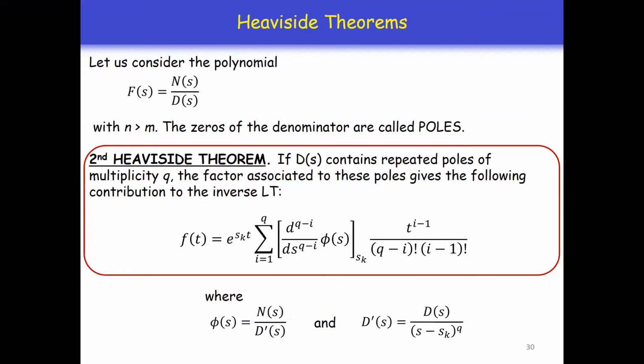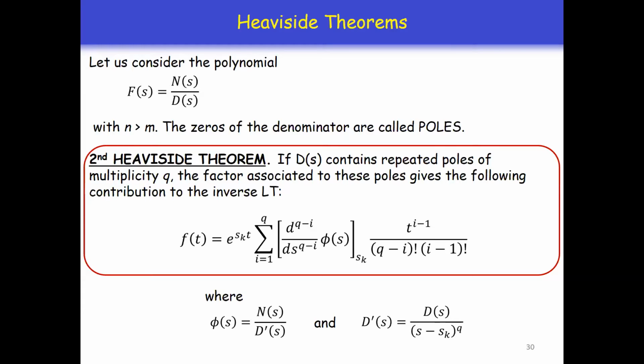So let's consider you have a polynomial that is expressed again as the ratio of two polynomials in the Laplace domain. Obviously, the problem, just to recall, is that we want to transform back a polynomial from the Laplace domain to the time domain. Let's consider the polynomial that we want to transform is the ratio of two polynomials, N over D in the Laplace domain.